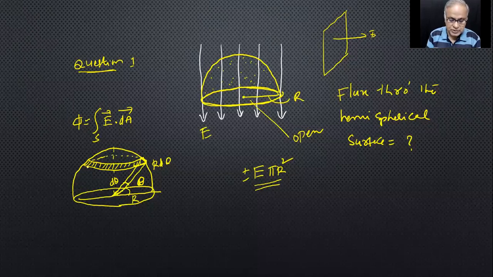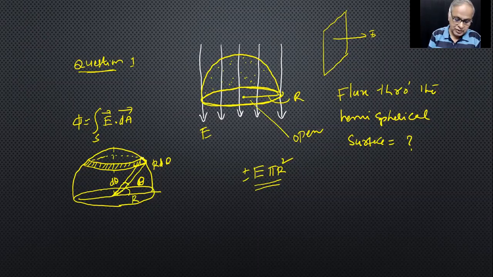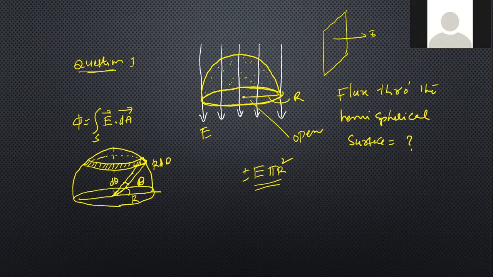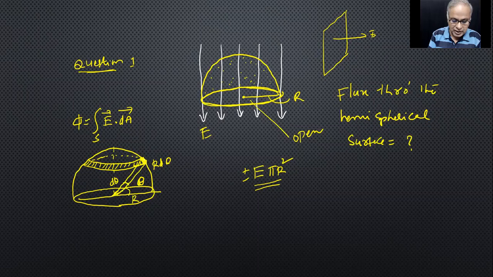Hope people understood what this ring business is. But this area is spread all over, whereas I wanted a small area. So here also I will take the delta A, not dA. I can take the area vector like this, or like that, it doesn't matter. This is my delta A. And this is my E, right?